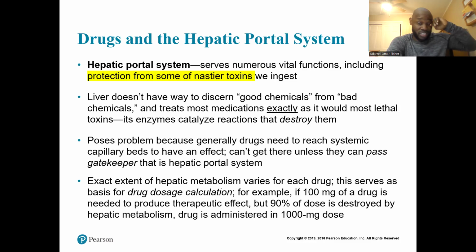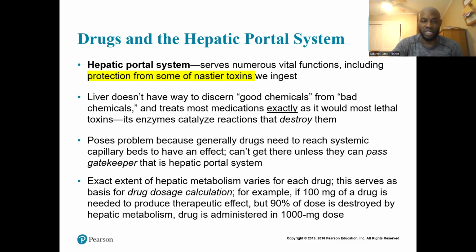People drink it all the time, but it gets digested in our body, gets into our bloodstream, and goes through processing in what we call the liver, through our hepatic portal system. The liver has enzymes that can destroy those chemicals and therefore protect our body from poisonous bottles of Jack Daniels and beer, right?